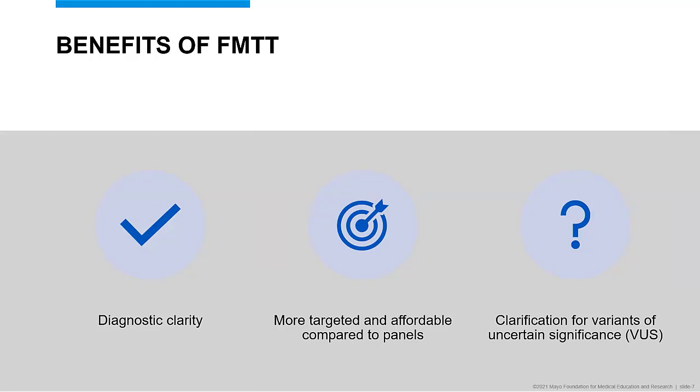Furthermore, the report is tailored to the patient's risk based on the presence or absence of the variant. Additionally, FMTT may aid in variant classification for some variants of uncertain significance. This may contribute to variant reclassification, leading to a molecular diagnosis for a patient who can then undergo clinical care specific to that condition.